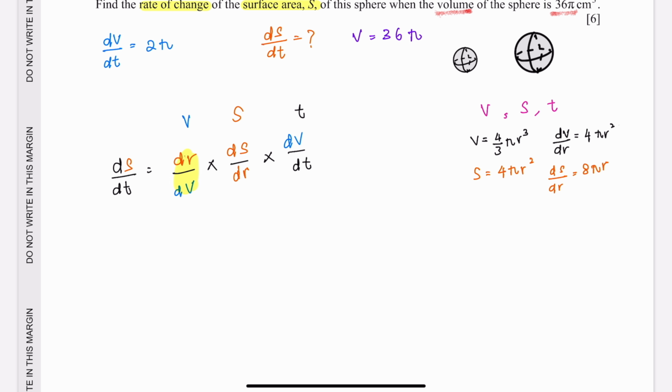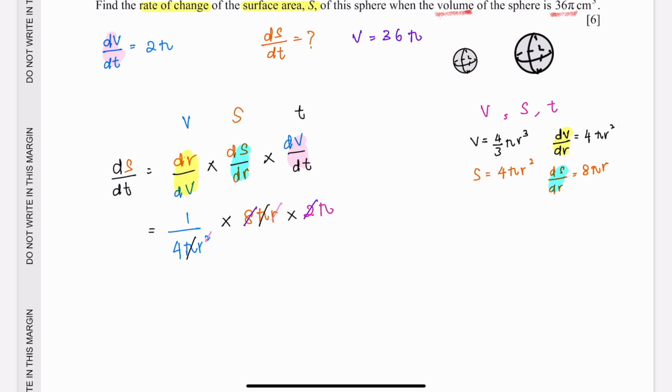This is my dr over dV, but I need to flip it upside down: 1 over 4 pi r squared. dS over dr, that is this one, 8 pi r. dV/dt is given in the question, which is 2 pi. Now, let's simplify this. Pi and pi can be cancelled. r and r, so that will be just r. 16 divided by 4, 4 pi over r.